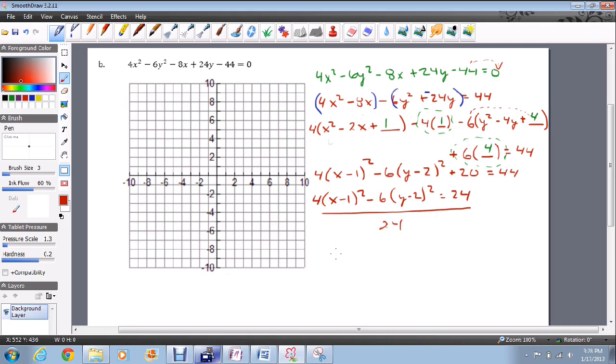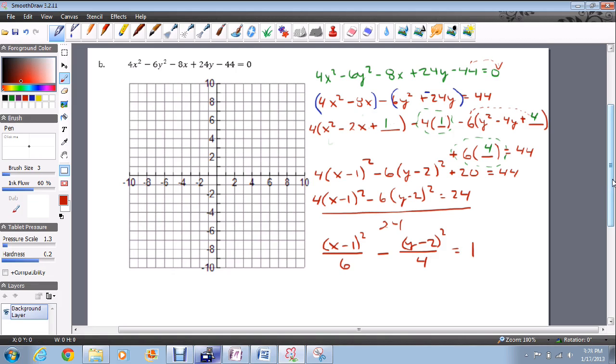And 4 divided by 24 is 1/6, minus 6 divided by 24 is 1/4, equals positive 1.